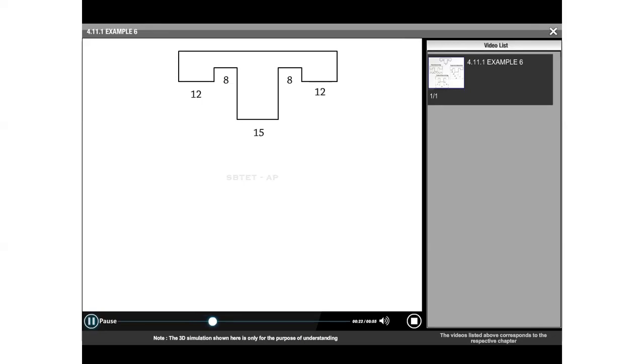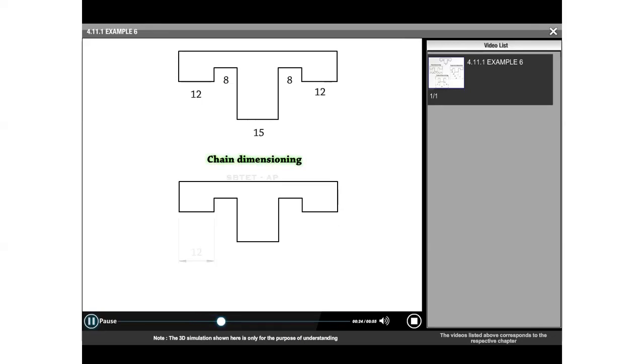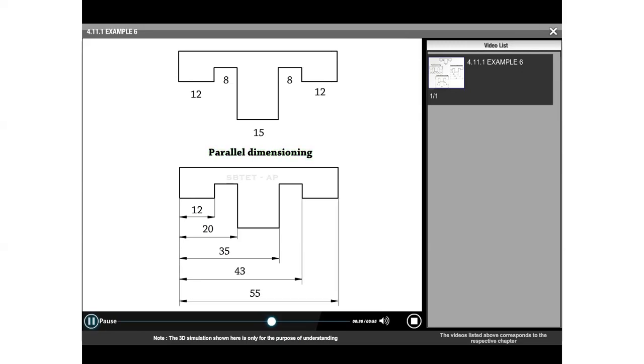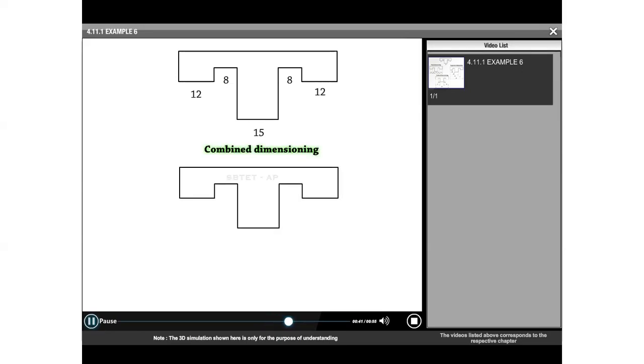In chain dimensioning, all the dimensions are to be shown continuously one after the other. In parallel dimensioning, the dimensions are to be shown with a common origin. And in combined dimensioning, both methods are to be used so as to show the dimensions conveniently.